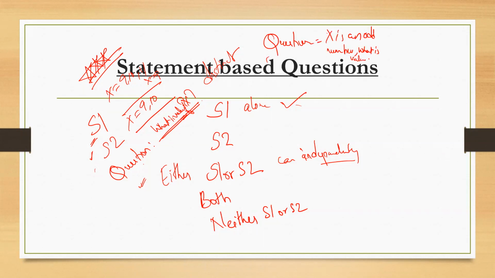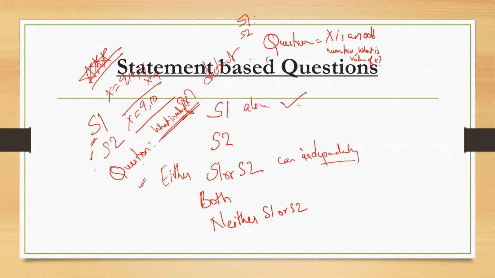This is what the question is asking. Now what you should go for in statement 1 and statement 2 is which statement will give me this exact value of x. Vicky, is it clear? We will choose that statement which will give me an exact answer.